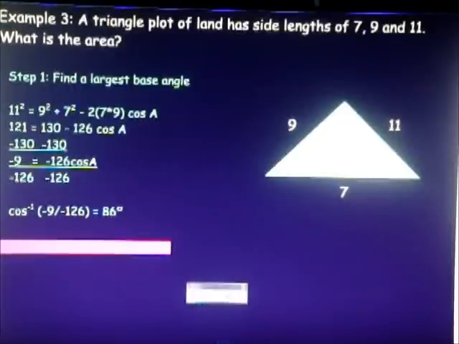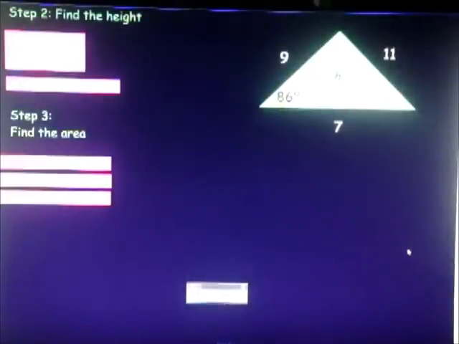Now you may be wondering, why did I find an angle when I need to know the height? This is why. In the triangle, if I know 86 degrees is an angle, I know that the height of a triangle is perpendicular to the base, that I can use what we did earlier this chapter to find the height. So I know an angle in a right triangle.